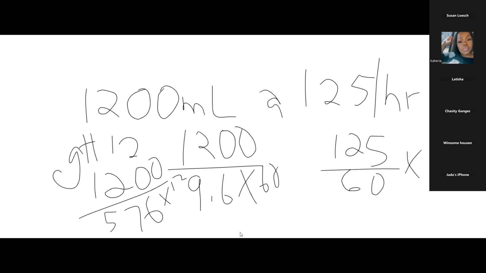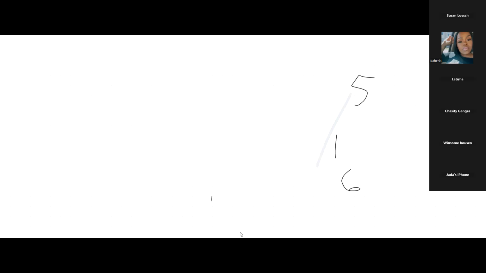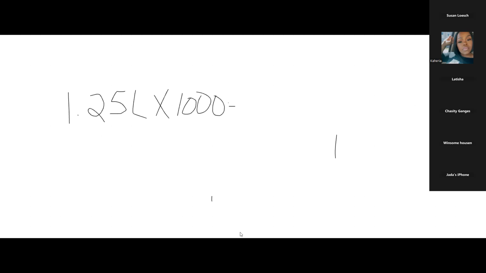I started with my volume, which is 1.25 liters, and I multiplied that times 1,000 to get my 1,250 milliliters. Let me do the math while I'm going along, because sometimes I do the math wrong. Yep, that gave me 1,250 milliliters.